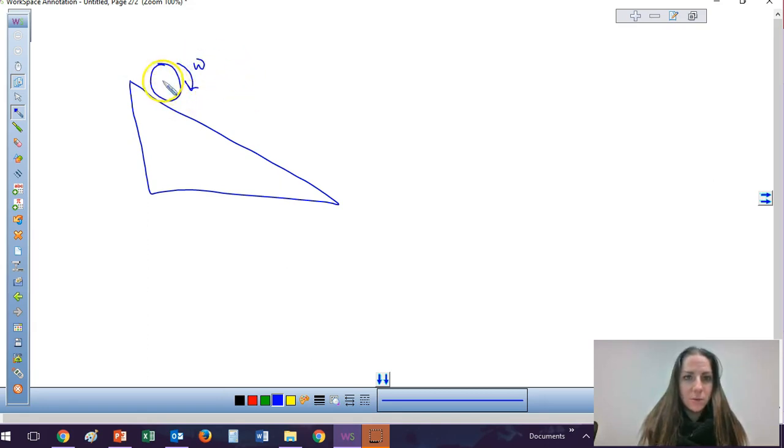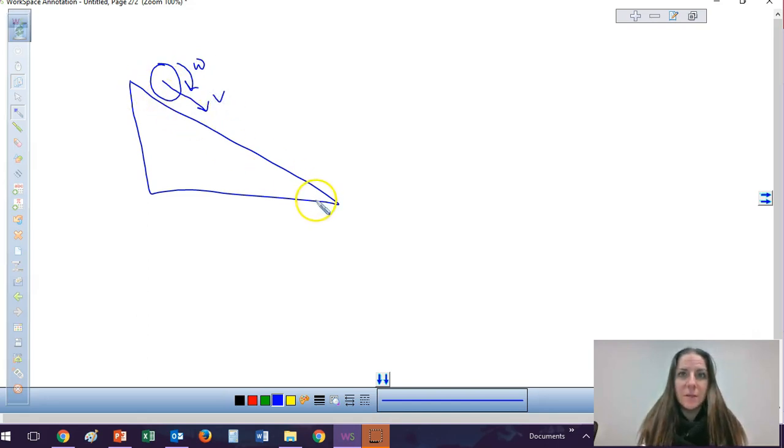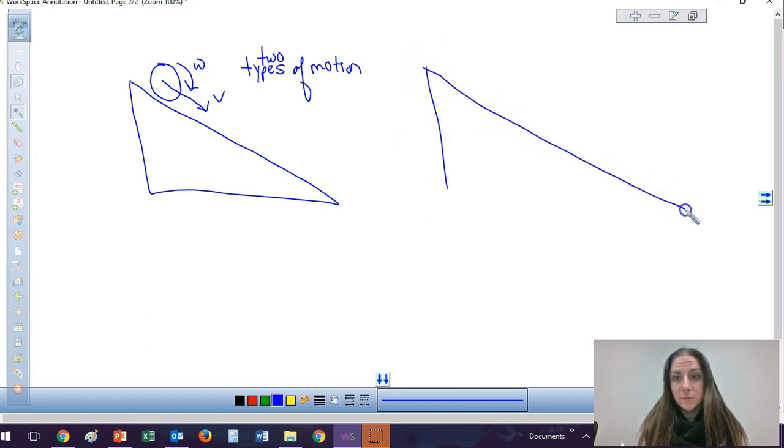So it'd have angular velocity, but it also moves down the incline with a linear case. So this has two types of rotation. Not rotation, but two types of motion. Versus if I had a block, this will not rotate. It will just move linearly down an incline.